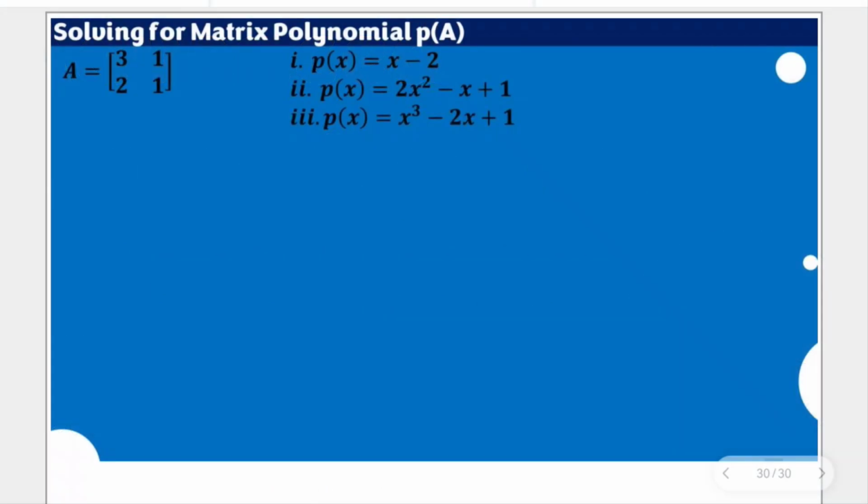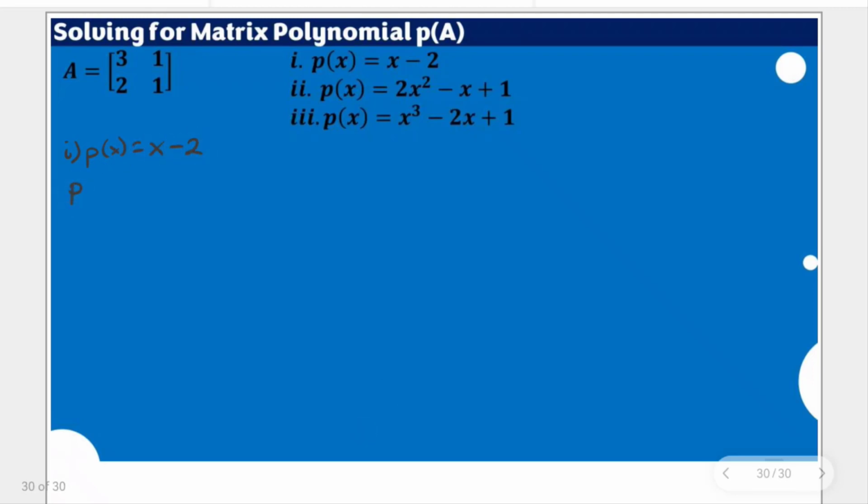Let's solve for the matrix polynomial P of matrix A using the given matrix and these given polynomials here. Take note that if we are going to use the P of A, we are going to treat our result as a matrix later. Let's start with the first one. We'll have P of X is equal to X minus 2.